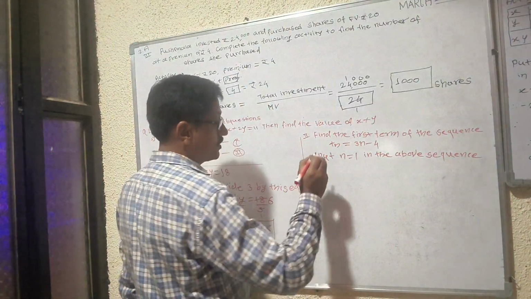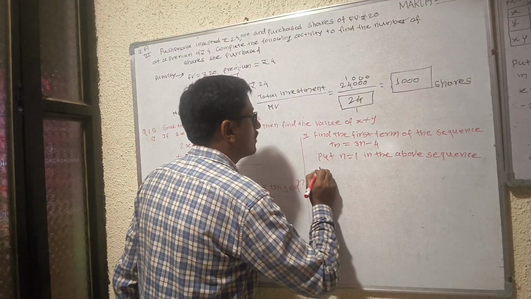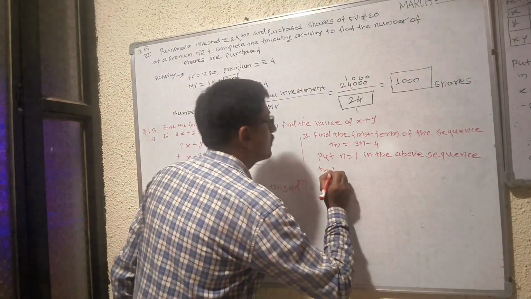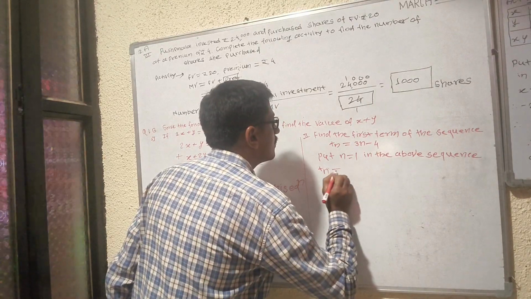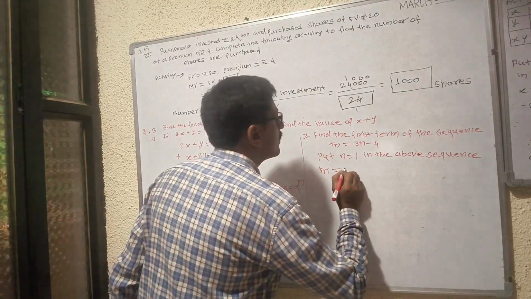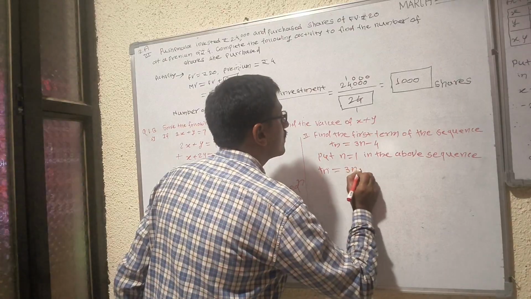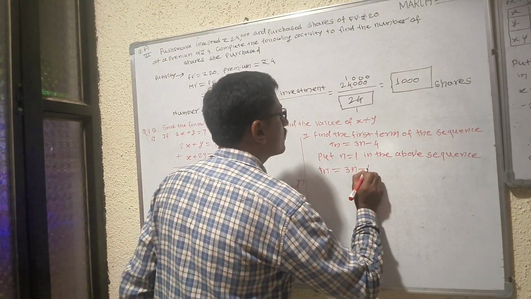We write this sequence: Tn is equal to 3n minus 4.